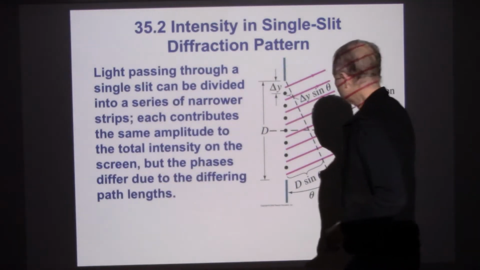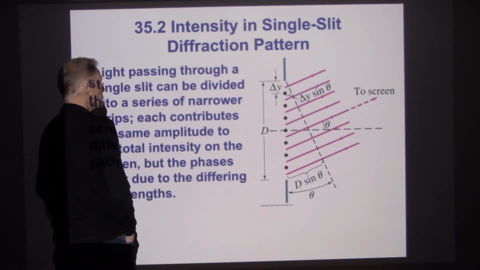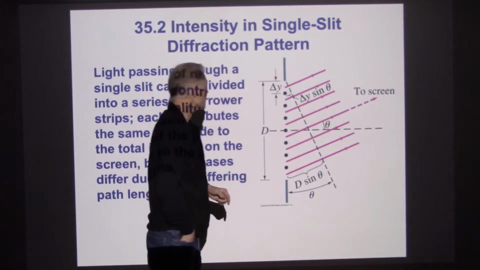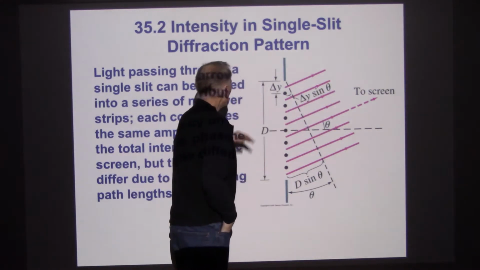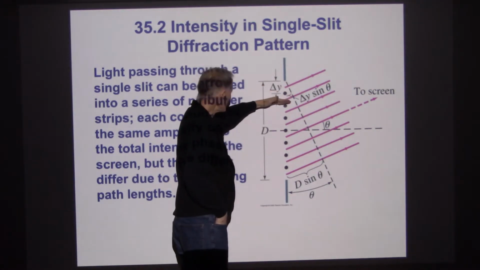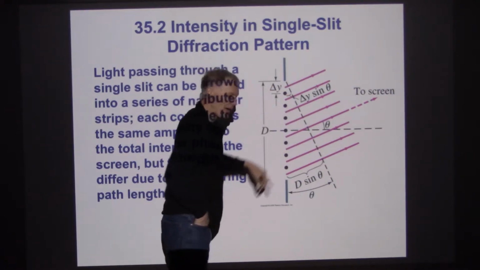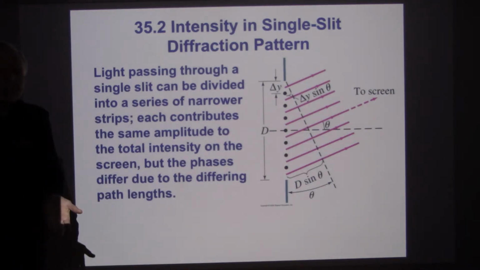Here we are back to our derivation of how we got our formula, d sine theta equals m lambda. If the screen's off in that direction, then we imagine there's an infinite number of paths here, and each one of those paths has an infinitesimal amplitude, dA.